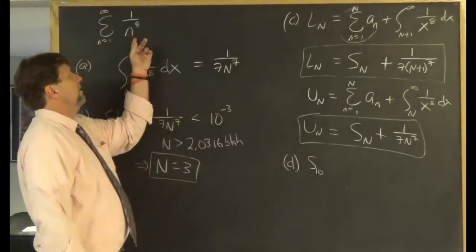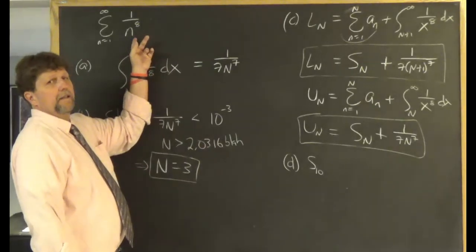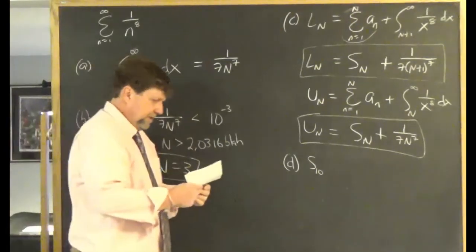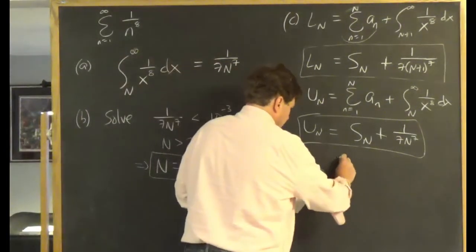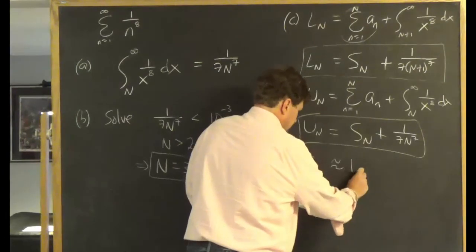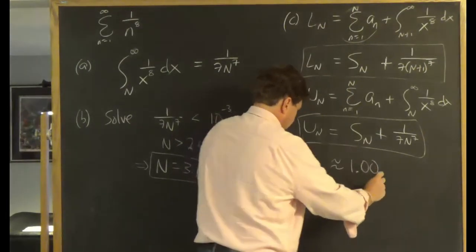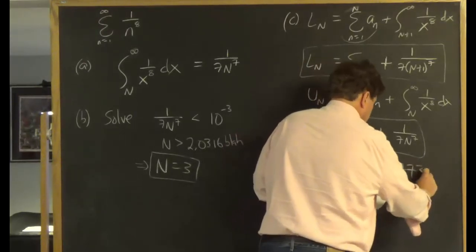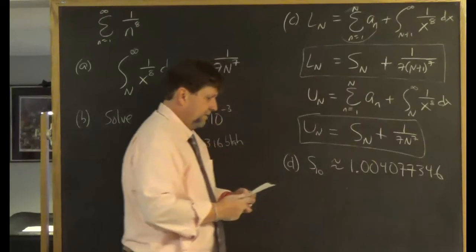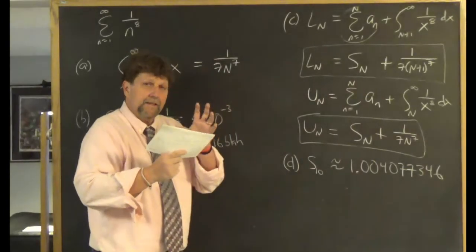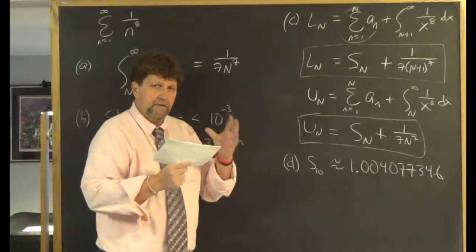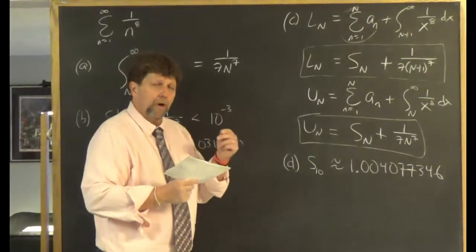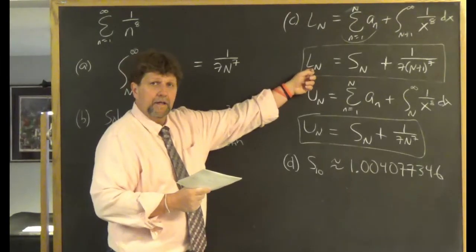I'll let you do 1 plus 1 over 2 to the 8th plus 1 over 3 to the 8th plus 1 over 4 to the 8th, the first 10 terms. When I do that and use my calculator, I get 1.004077346. That's using the first 10 terms to approximate the sum. I can come up with a lower bound.